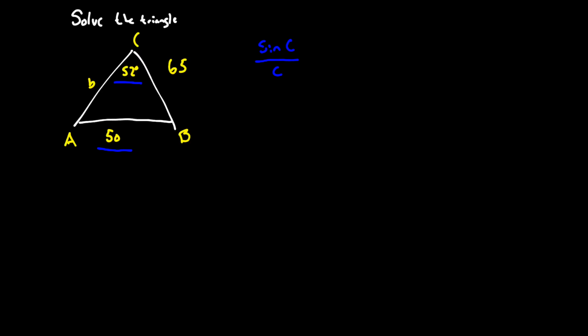For example, if we wanted to find angle A, then this would be equal to sine of A divided by a. Plugging in what we know, this is going to be sine evaluated at 52 degrees divided by 50 is equal to sine of A divided by 65.